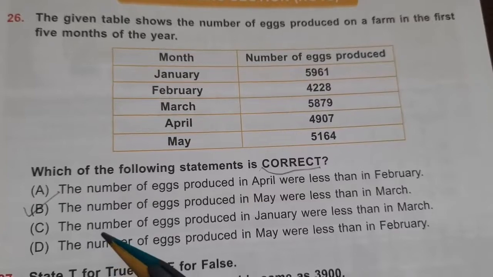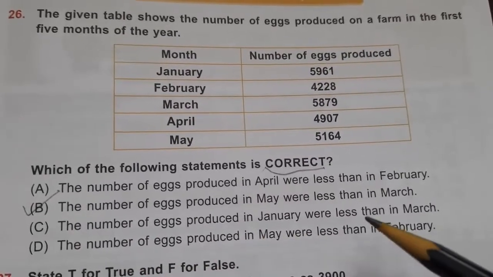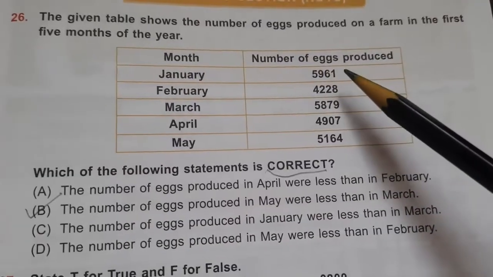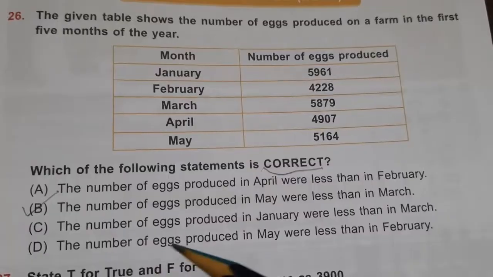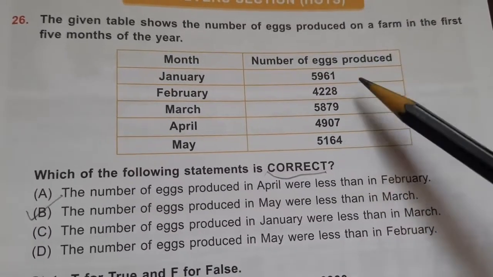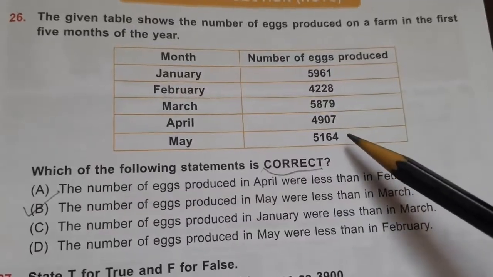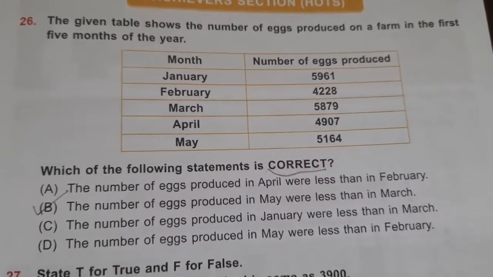However, let us still look at options C and D. The number of eggs produced in January were less than in March. January and March, no, it's the other way around. The number of eggs produced in May were less than in February. May and February, no. Again, it's the other way around. So hence option B is the answer to this question.